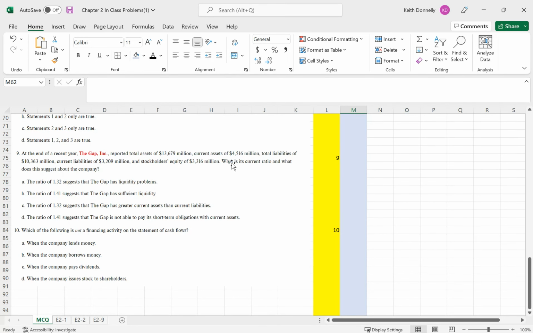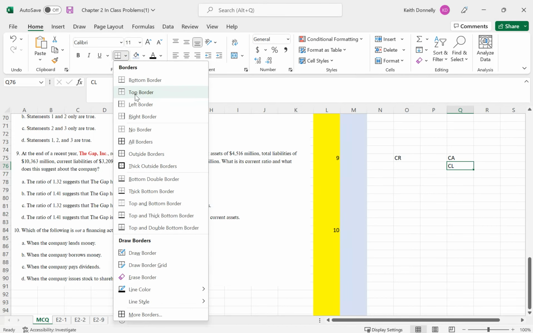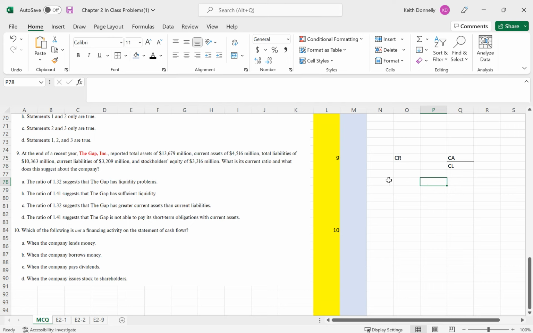If we look at 9, we read the last part of the question first. It says, what is the current ratio for this company? We know the current ratio is going to equal our current assets divided by our current liabilities. So when we read through these facts, we just have to pluck these items out.